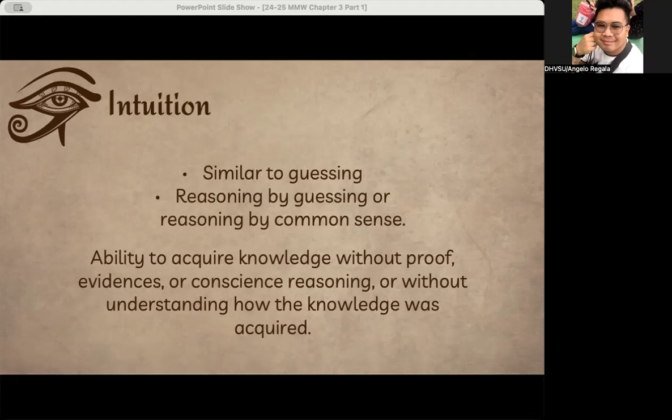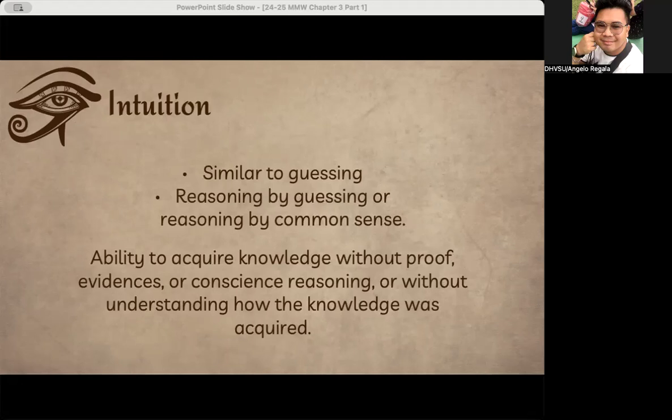When we say intuition, it's your ability to acquire knowledge without proof, evidence, or conscious reasoning, or even without understanding how the knowledge was acquired. Okay? So pag intuition, highly subjective yan eh. Okay? Different people think about problems in different ways. It is sometimes known or understood without proof or evidence.